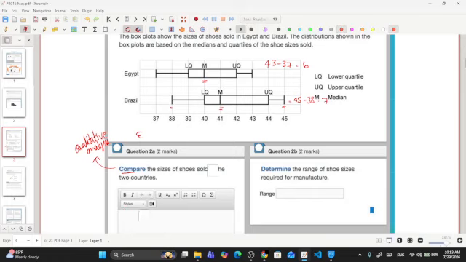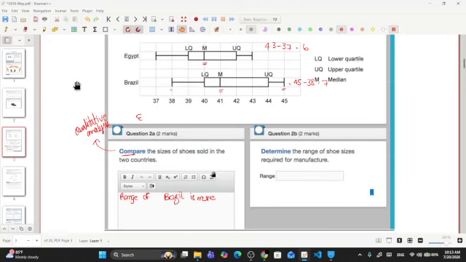So I can say that the range of Brazil is more compared to Egypt, and Brazil should be capital B, has a higher range. All right, so that's how we write it.